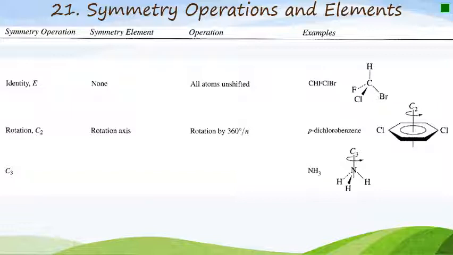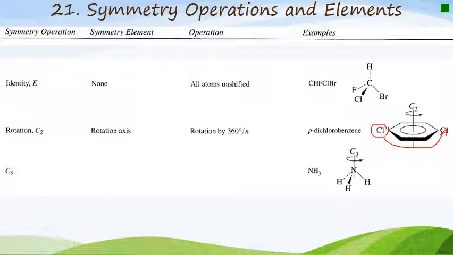A twofold rotation is a C2. The symmetry element is obviously a rotation axis. The operation is a rotation by 360 degrees divided by n, where in this case n is equal to 2. The example they've given is p-chlorobenzene, and you can see that if you turned this chlorine atom over here by 180 degrees, it would end up in that position there.